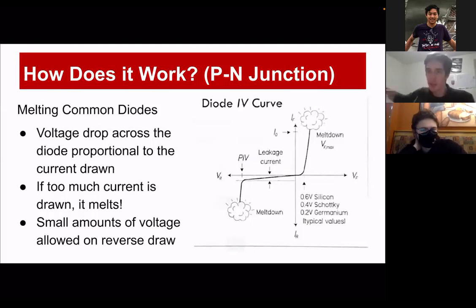So if we draw too much current, the thing melts, because the higher the voltage drop, the more energy is lost in the diode through heat. When there's a whole lot of voltage dropped, it means a whole lot of heat needs to be dissipated, meaning that we melt diodes.